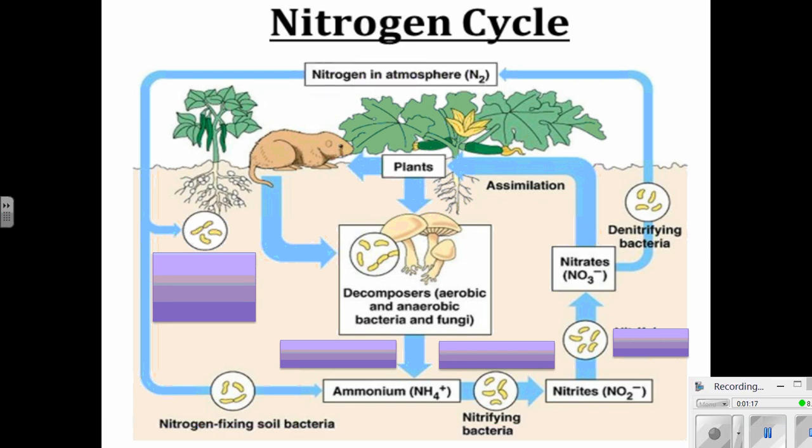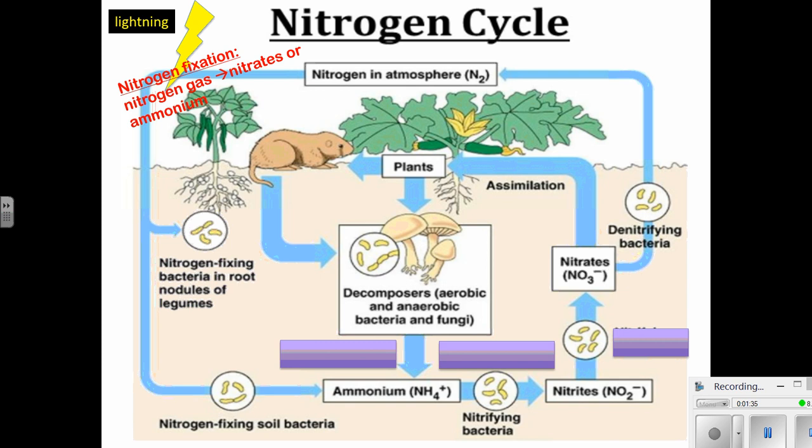Okay, so in the atmosphere, there's two ways that nitrogen can be fixed. And it gets fixed into a form called nitrates or ammonium. Lightning is the first way. Lightning is a natural way that nitrogen gas, N2, can be fixed to nitrates. A second way is through a bacteria called nitrogen-fixing bacteria.